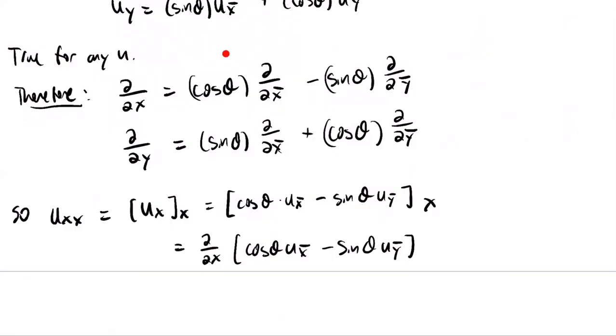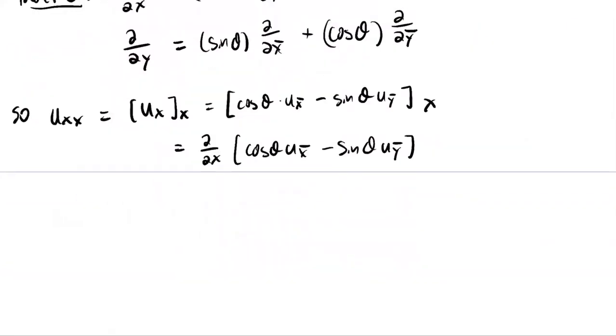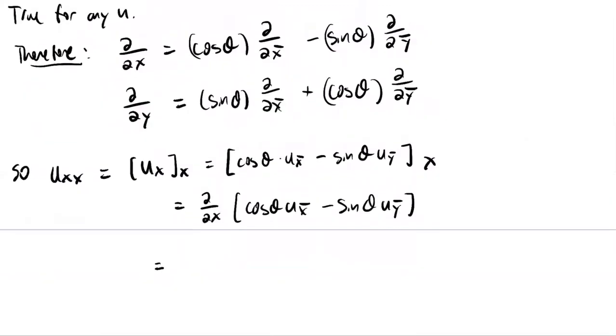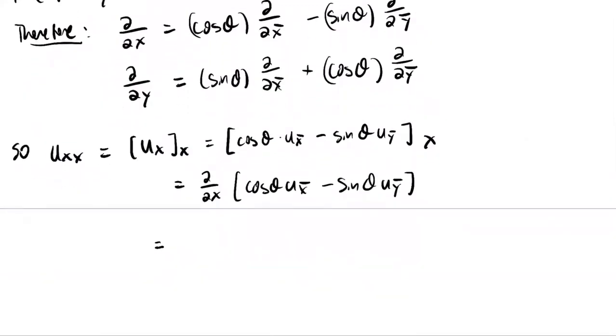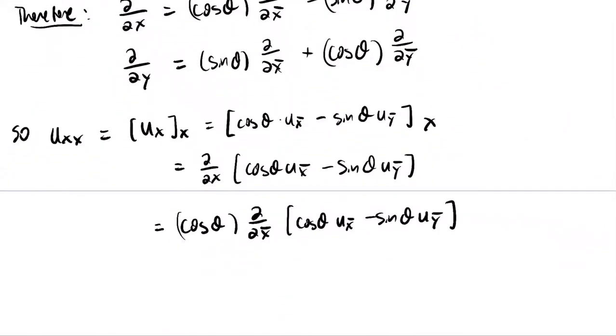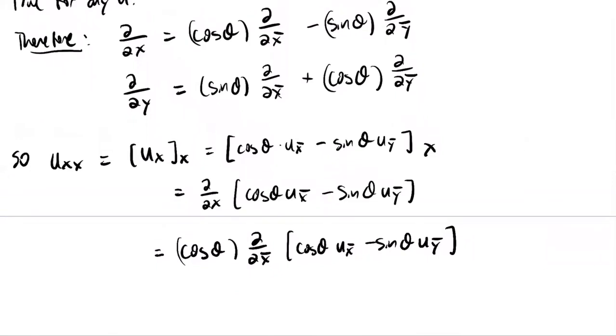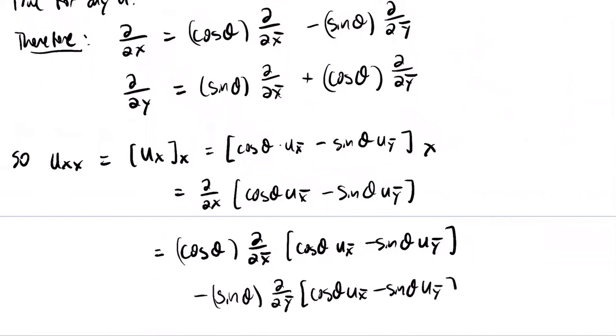So let me now plug in this definition for d dx. I end up with cosine theta times d dx bar of everything in brackets, and then the second term corresponding to d dy bar. So I have to subtract sine theta d dy bar times the same quantity in brackets.